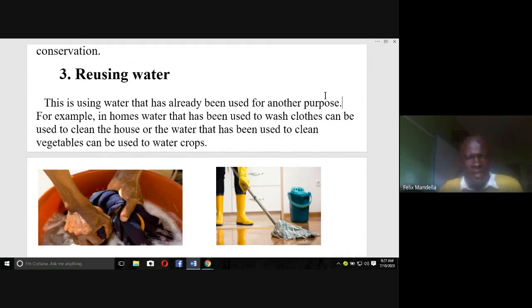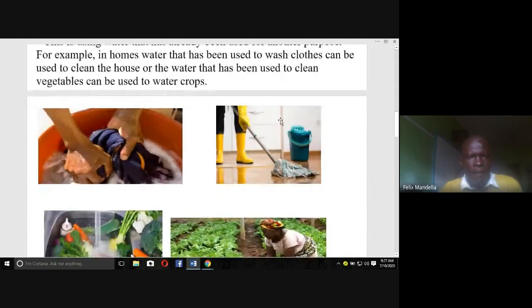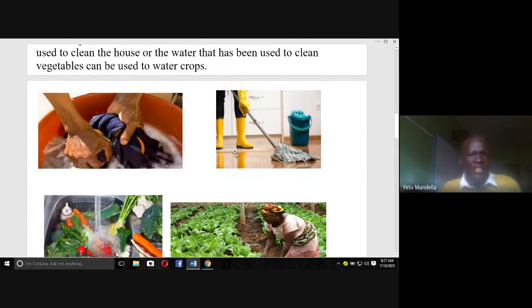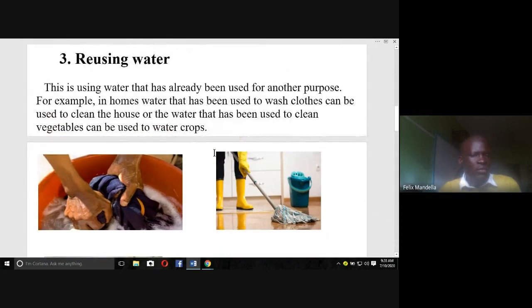Look at these pictures. We have pictures here. In the first picture, somebody is cleaning clothes. The same person in the next picture is cleaning a floor, is mopping.